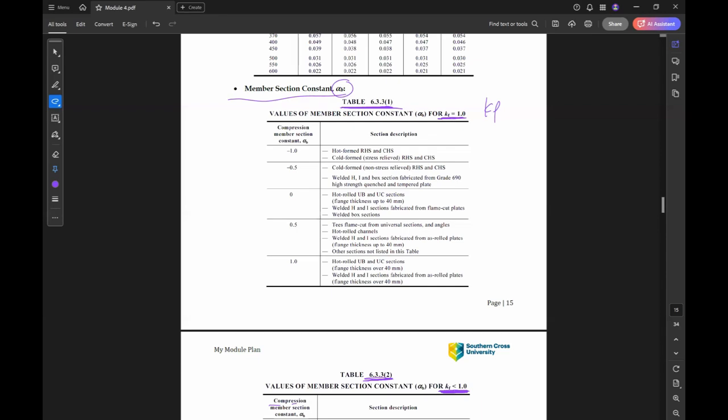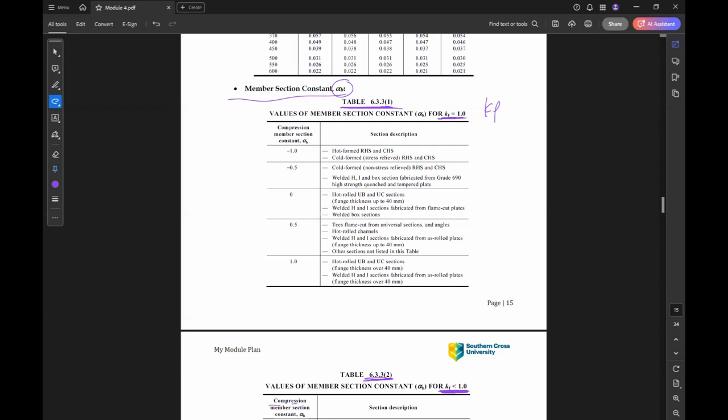L effective is called the effective length of the member, which is equal to ke times L, where ke is the member effective length factor and L is the actual length of the member. Le over r is called the geometrical slenderness ratio, where r is the radius of gyration of the section.